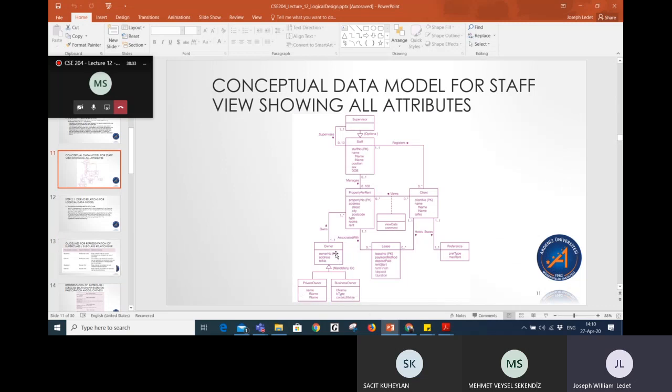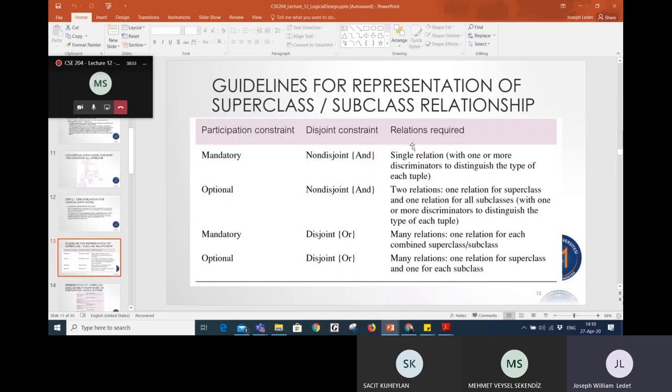So if we had person, and let's say for our university system, we had a person that was a student, but could also be an employee. That would be mandatory and, okay? How do we do that? We just make that into one large table, okay?